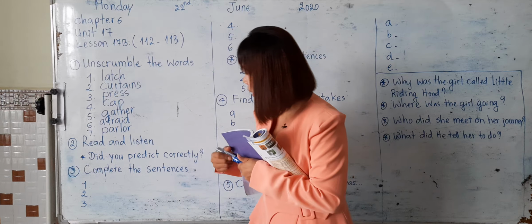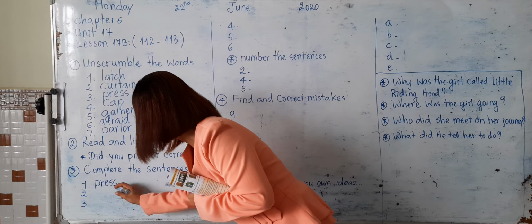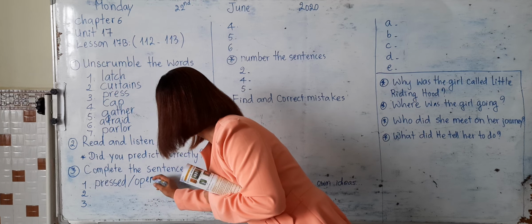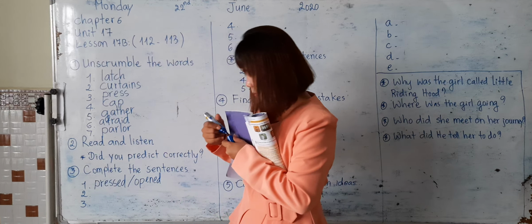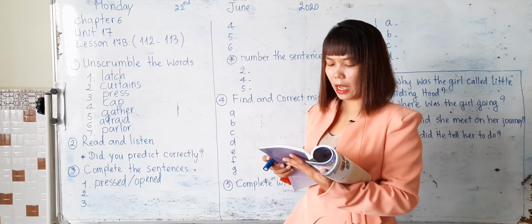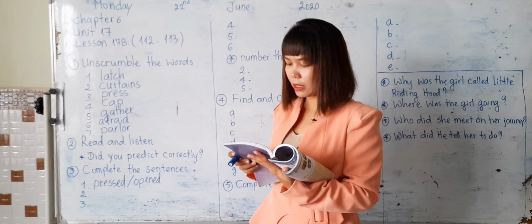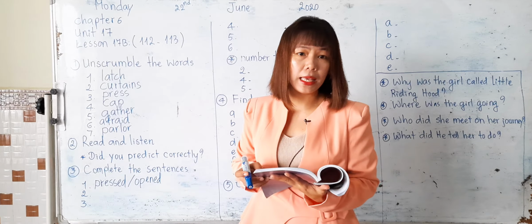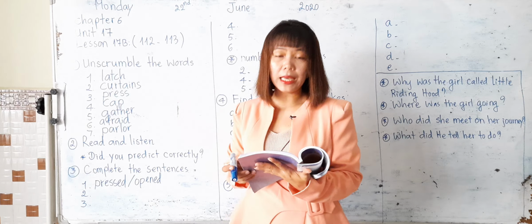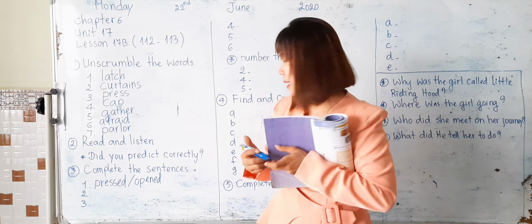So you can complete here "pressed" and "opened." Number 2: he walked inside and immediately ate her up, for it had been more than 3 days since he, the verb eat. Okay, since he had eaten.